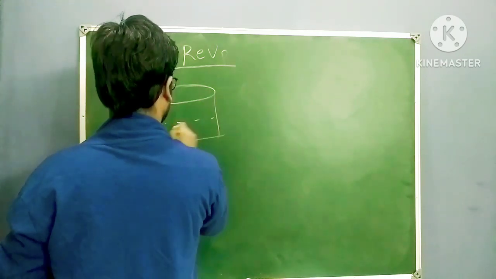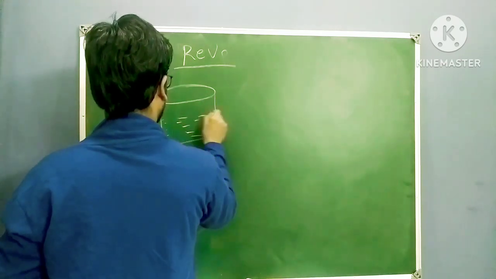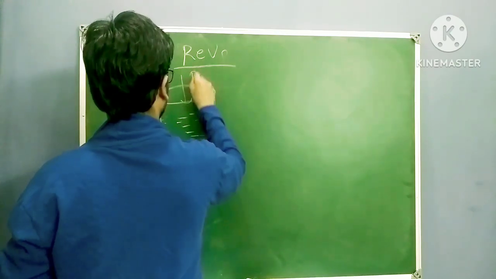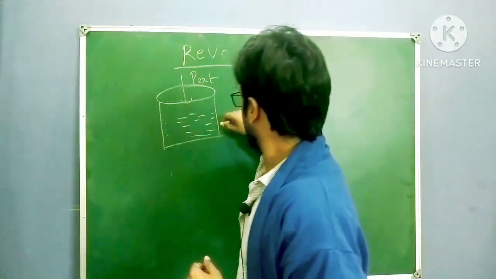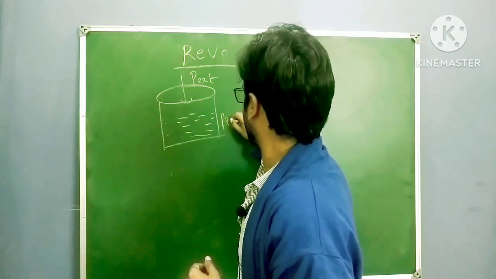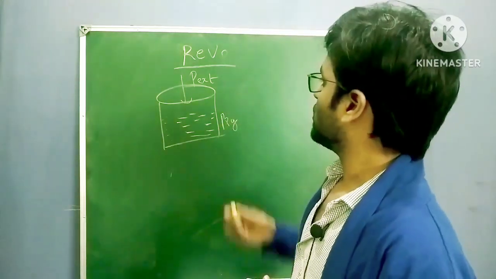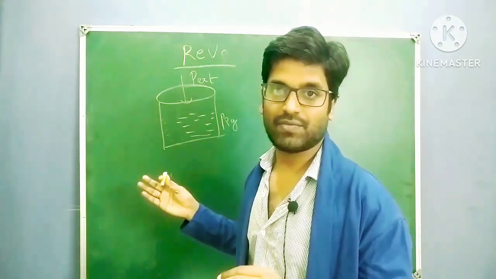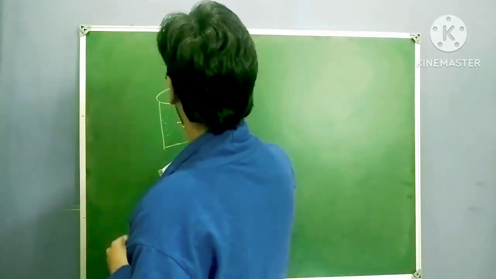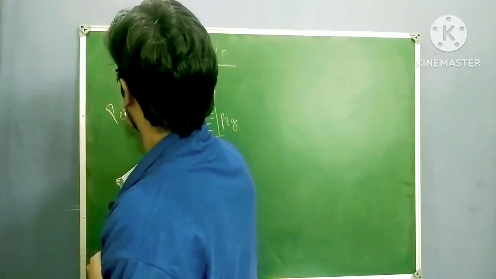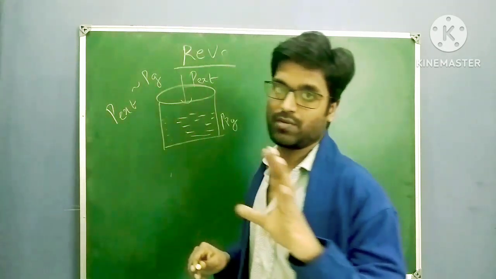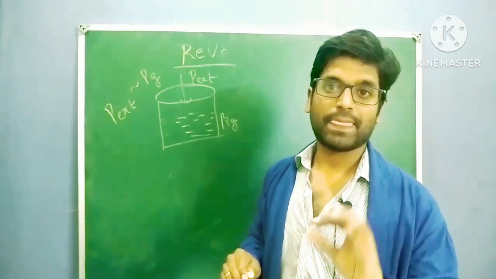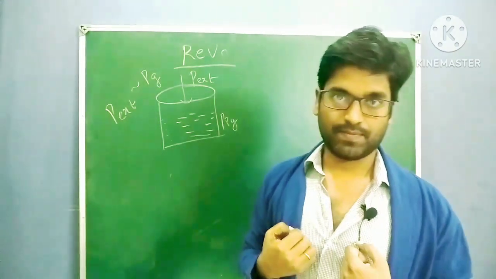So what happens here is I am applying some external pressure from my side. So the internal pressure of the gas is also there, right? So in this reversible process, the external pressure is almost equal to the pressure of the gas.